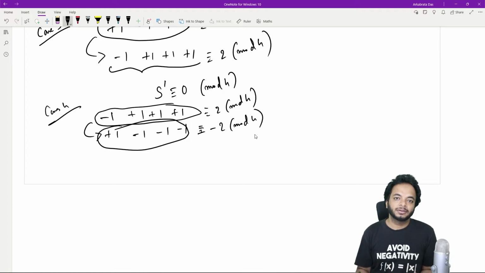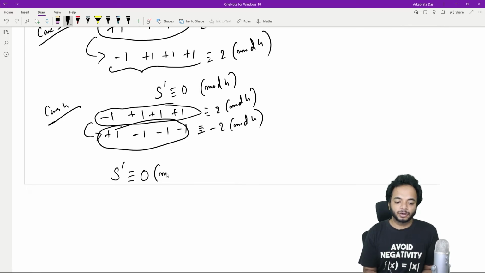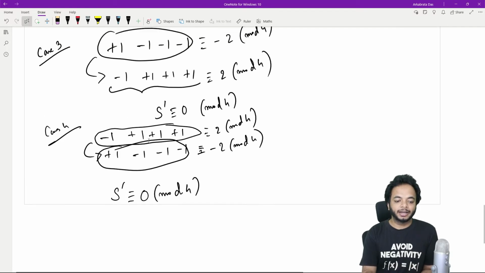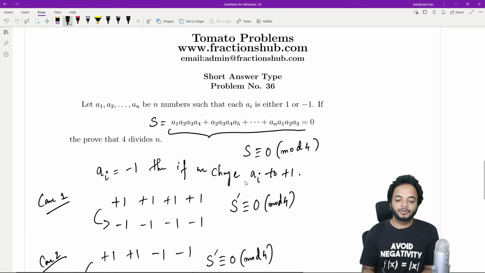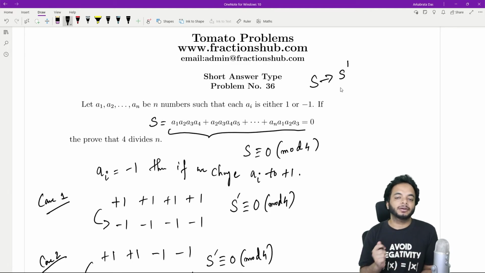Again, as a whole, that part under modulo 4 remains the same, and so s dash is congruent to 0 modulo 4 in any case. So what we just saw is that if we change the sum s to s dash by changing a particular -1 to +1, then the new sum is still congruent to 0 modulo 4.